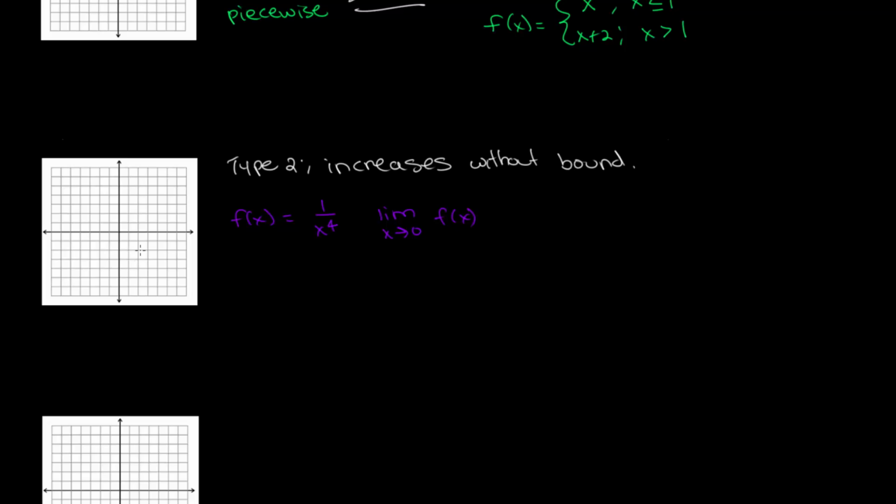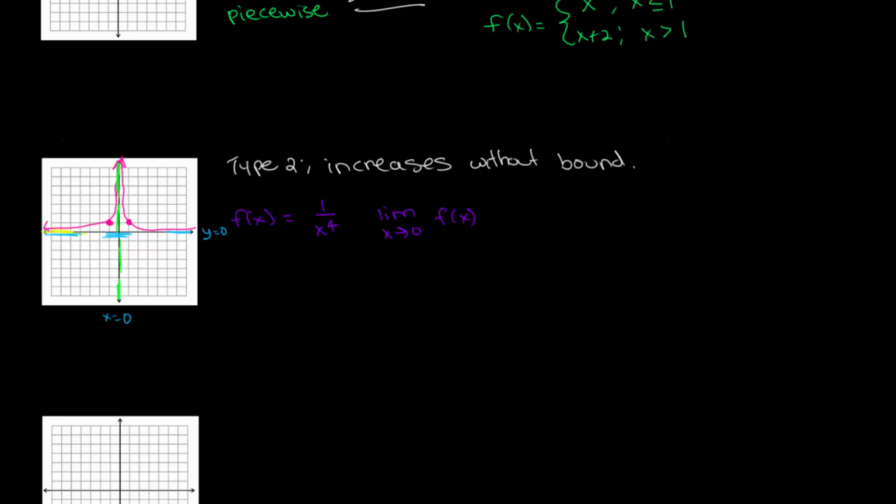Okay, so now graphing the function, it would look somewhat similar to this. We're going to have a couple of asymptotes as we graph this function, and our first asymptote is going to be at x equals 0, and another asymptote at y equals 0.